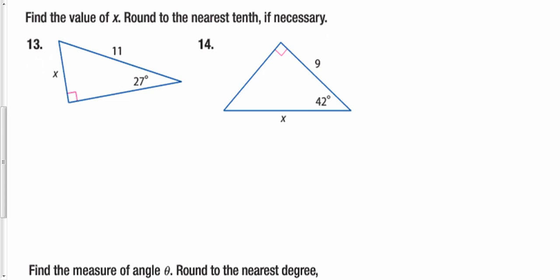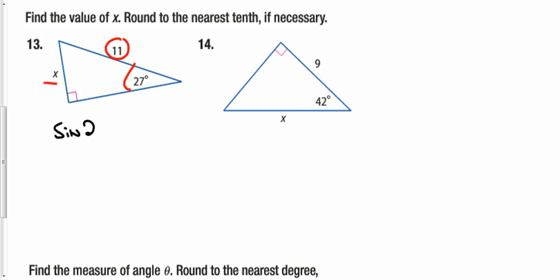So basically, what you have to do in these problems is realize that I know this angle right here. I want to find the side opposite of it. That's why there's an x over there. I know this side, which is the hypotenuse. So I have to think to myself, what ratio is opposite over hypotenuse? Opposite over hypotenuse would be the sine.